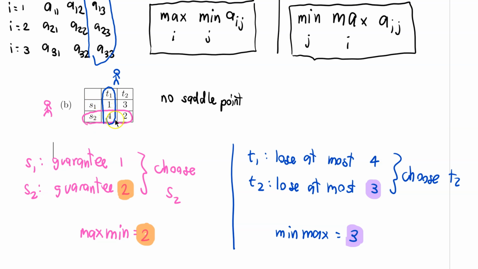If she does this, that's going to give her $4. And it kind of goes back and gets stuck in a loop, because now if Bob sees that Alice is going to choose f2, then maybe he should not choose t1, he should choose t2 instead, because that will save him money. Instead of paying Alice $4, now he has to pay Alice only $2, and now we go back to the same place. So it got stuck in a loop. We're going to talk about how Alice and Bob should play this game in some other lecture later.